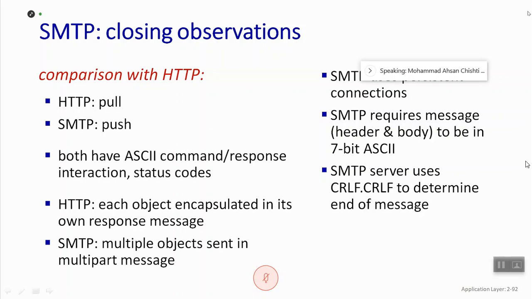SMTP uses persistent connections. HTTP has both persistent as well as non-persistent. In persistent, once you have access to your mailbox and you are connected, all the transfers that would happen between your mail, inbox, compose, and so on, would be using the same connection.